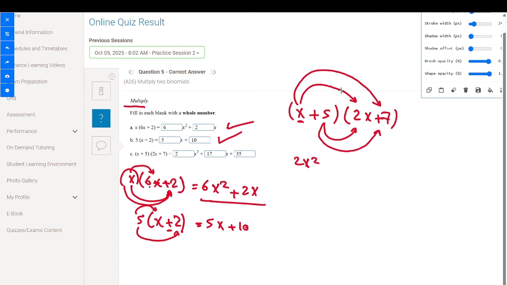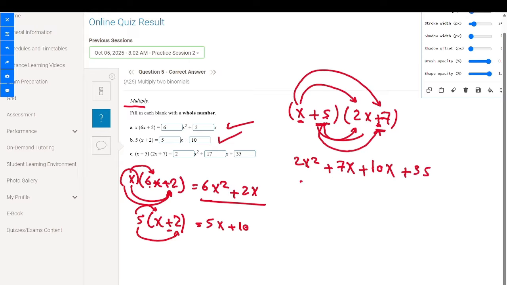Okay, and x multiply 7, and it is plus, so it will be 7x. Then we'll take 5 multiply 2x, positive 5 multiply positive 2, it will be positive 10x. And positive 5 multiply positive 7, it will be plus 35.